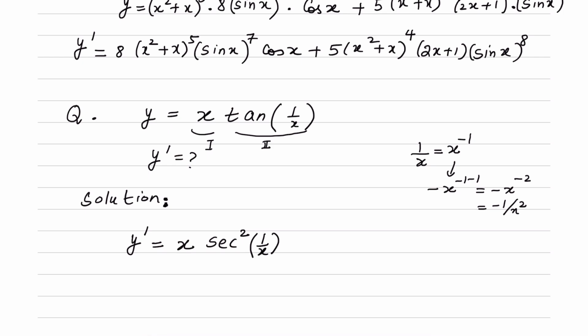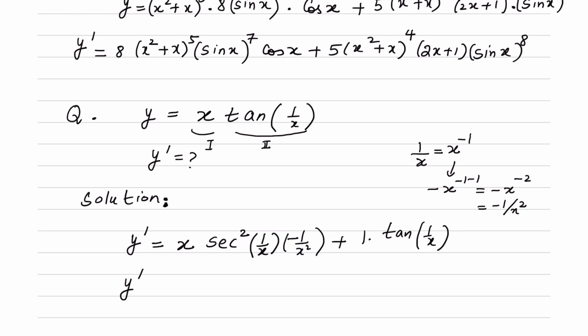So back to the product rule. First term as it is, derivative of the second term, which is tan 1 over x. Its derivative is secant square 1 over x, and then the derivative of the angle. Here the angle is 1 over x, so its derivative is minus 1 over x square. Plus first term derivative. Here the first term is x, its derivative is 1, and the second term as it is.